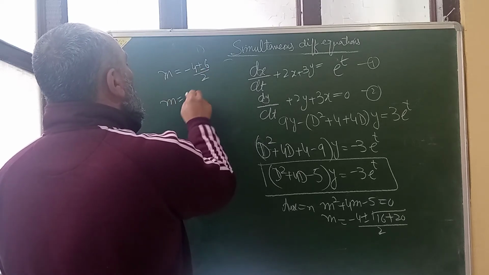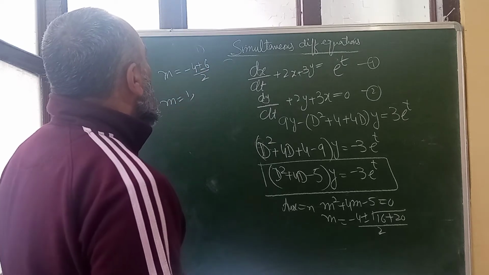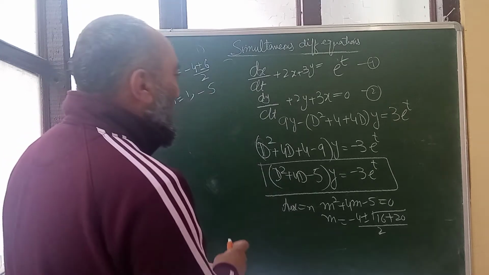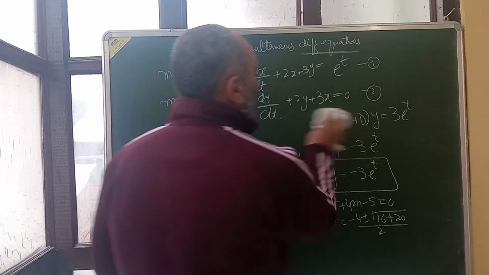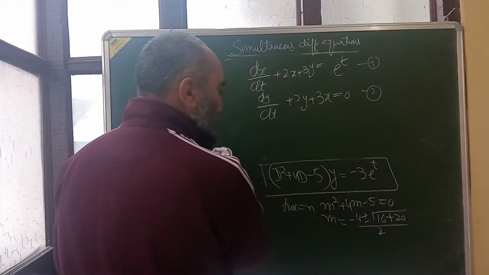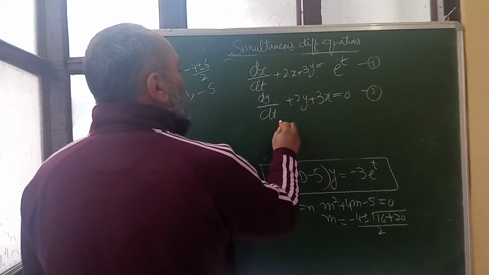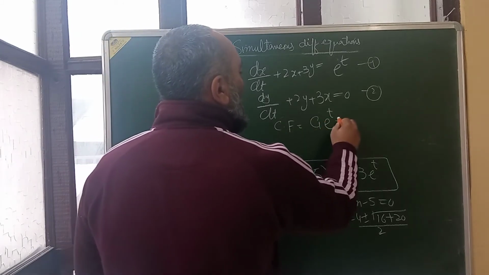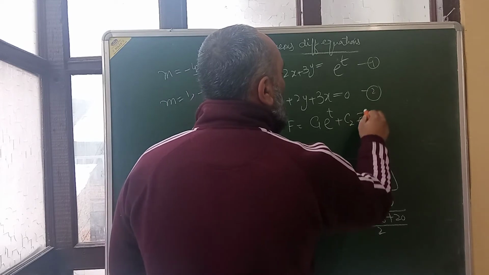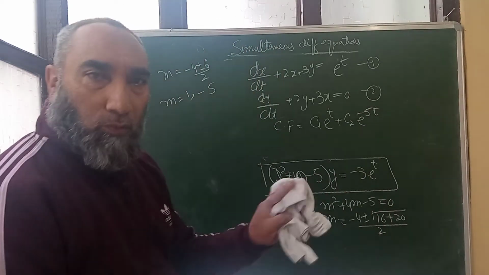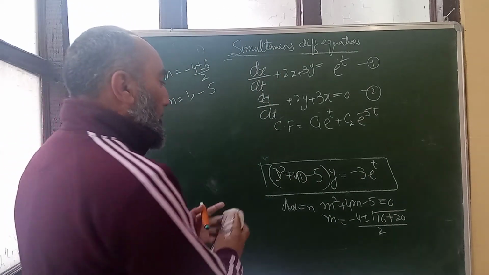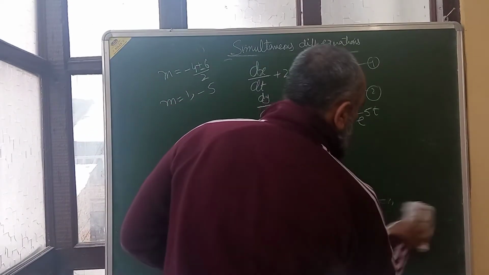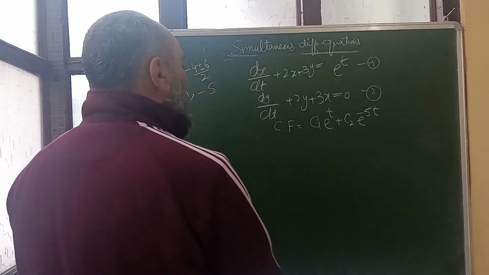So your m's are 1 and minus 5. Therefore the complementary function is c1 e raised to the power t plus c2 e raised to the power minus 5t. This is the complementary function, not y. Now the particular integral, the right hand side is minus 3 e raised to the power t.